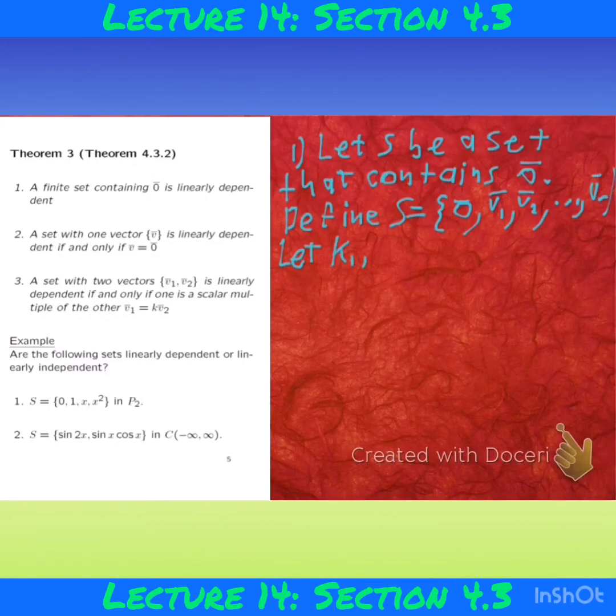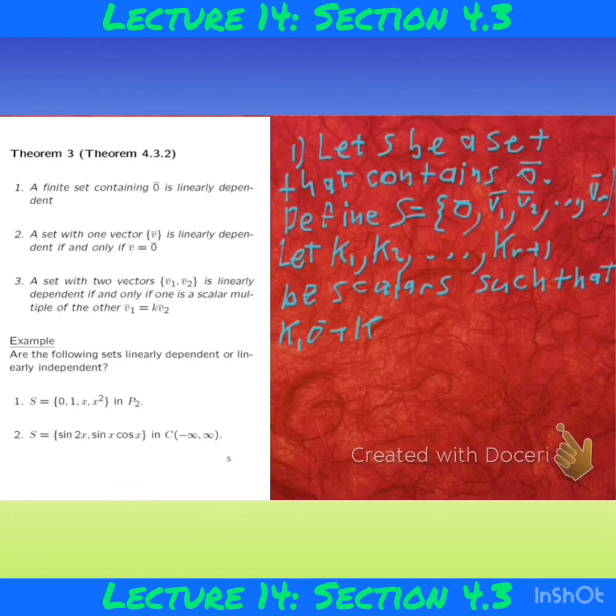Let k1, k2, up until kr plus 1 be scalars such that k1 times the 0 vector plus k2 v1 and so on, and that needs to be the 0 vector.